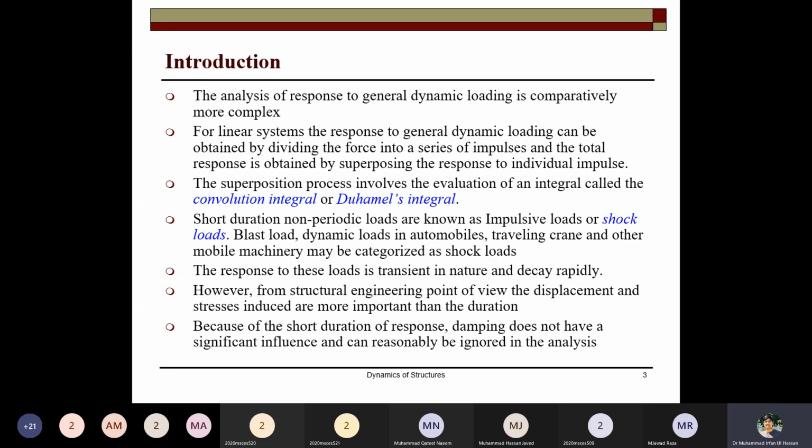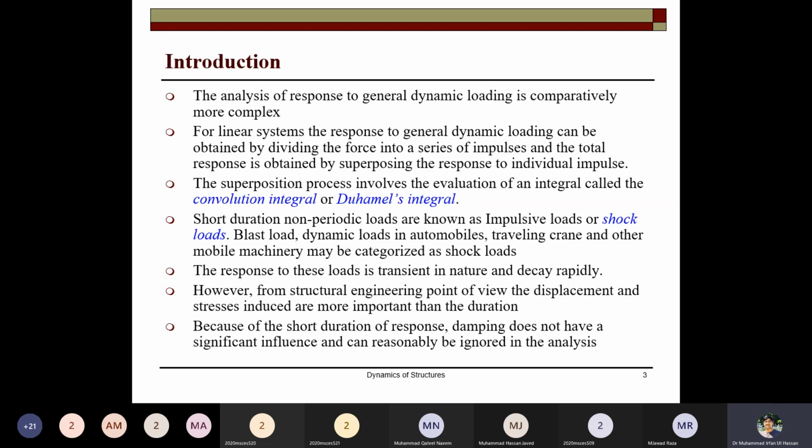We can select a short interval dt, and in that dt you keep superposing, taking the short time intervals to find out the response, and then finally apply the principle of superposition for individual response and integrate that from 0 to the total time, and then you are able to get the total response.